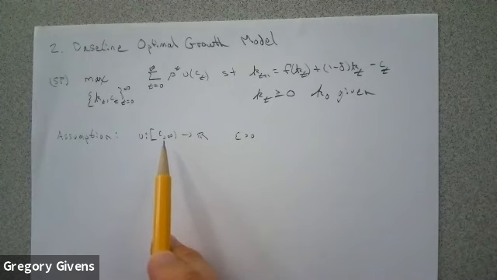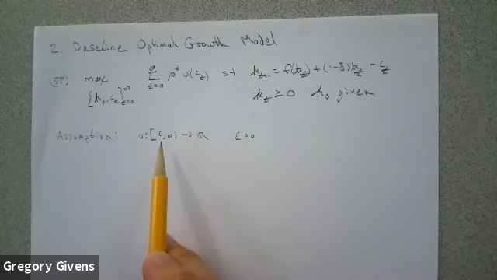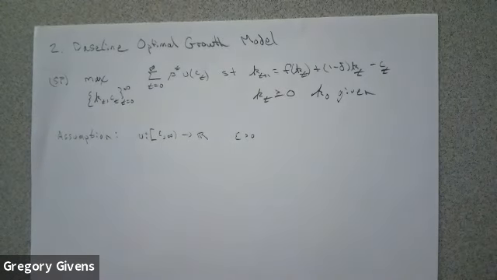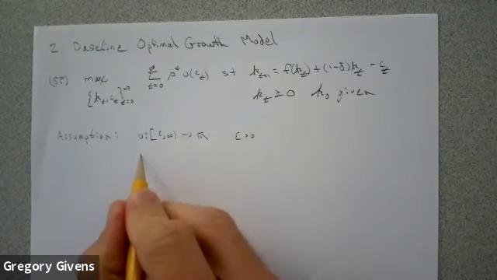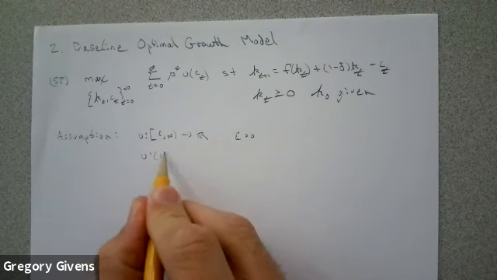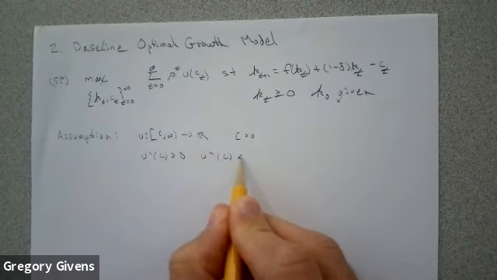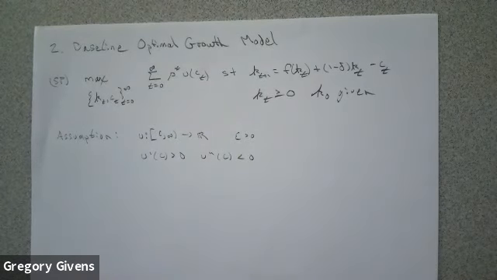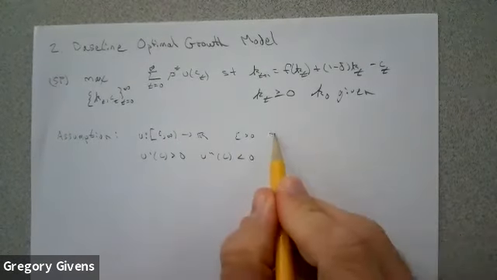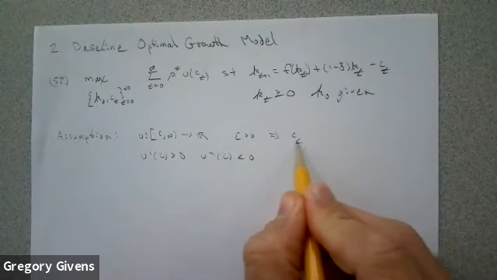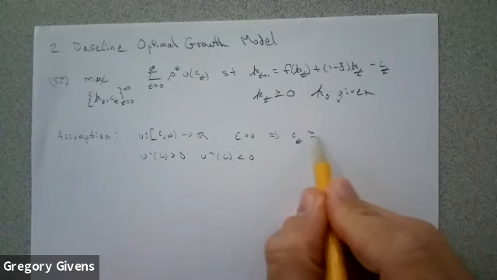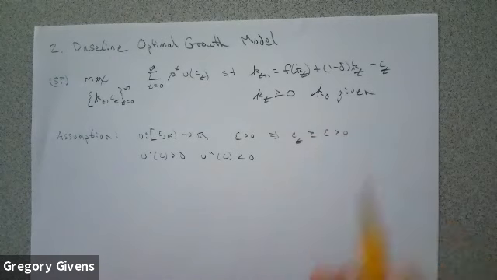You could think of it as just an epsilon greater than 0 all the way to infinity, where utility is going to be increasing and also concave in the interior of that domain. Okay, so what this assumption means is that consumption every period is going to be greater than or equal to some small epsilon bigger than 0.